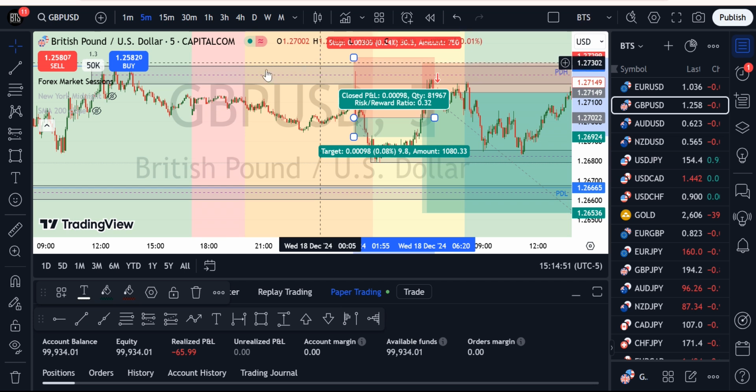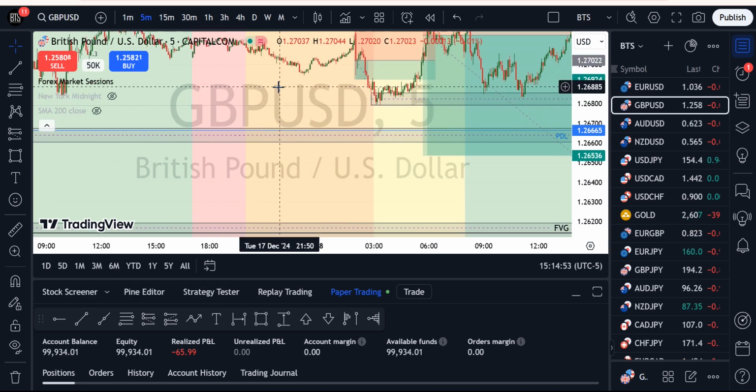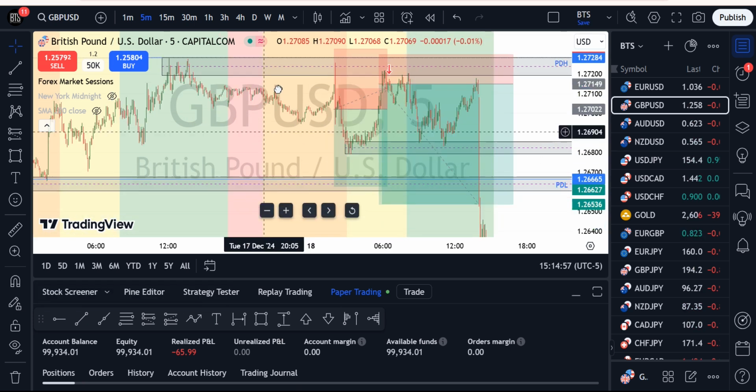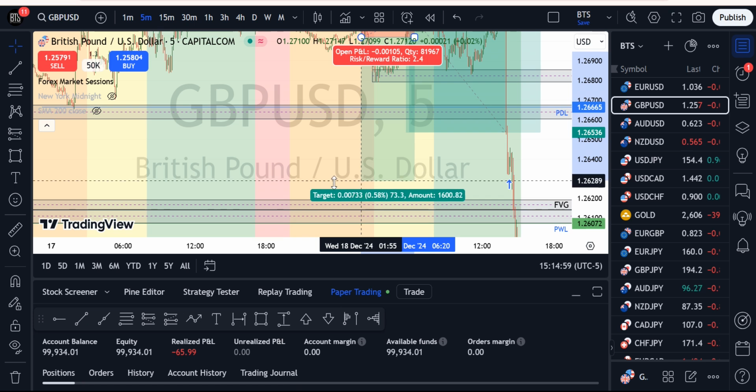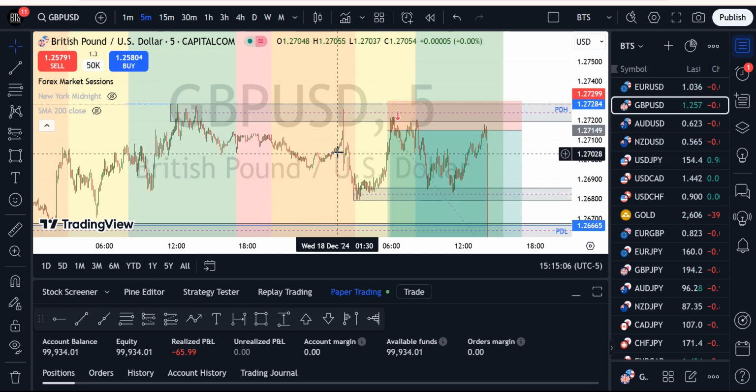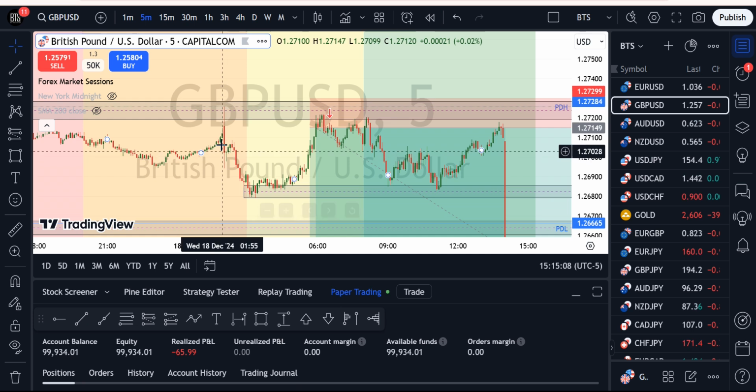So 30 pip stop loss ideally for me, it's above this region, and you can be looking out to target anything below 1 to 2, 1 to 3, 1 to 4, depends on what you want to target. But for me, around this zone, I can't pick my trades like this.